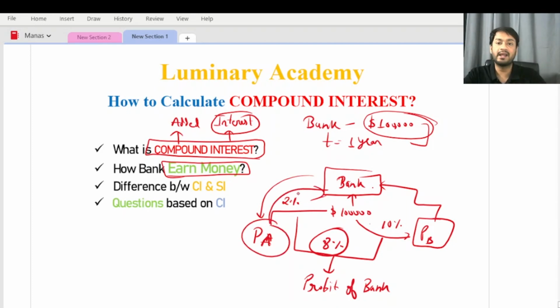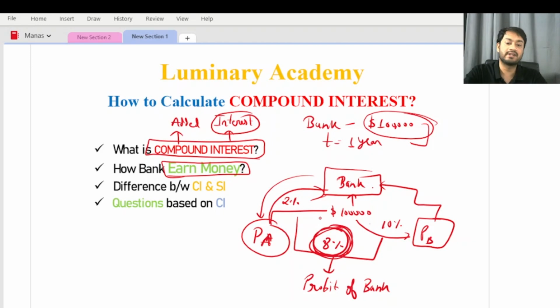Banks generally have a buffer amount, an extra amount beyond whatever they pay out. So if person A comes back to take his money, the bank will definitely give it to him. This is how the bank works, and this 8% goes toward the salaries of the employees and the rent of the bank, because we generally see that banks are located in the city center, so they pay high rents.